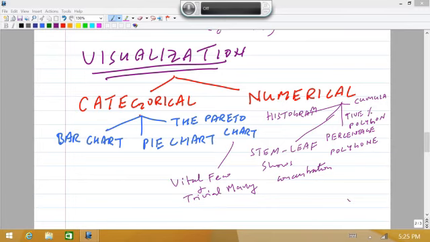So if you look at this pie, you can clearly understand which dominates the monthly bill payment system. Obviously, check.